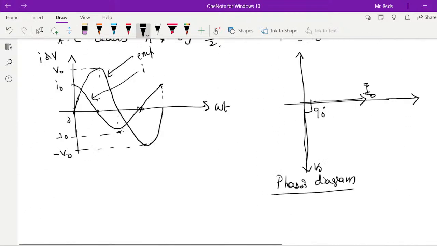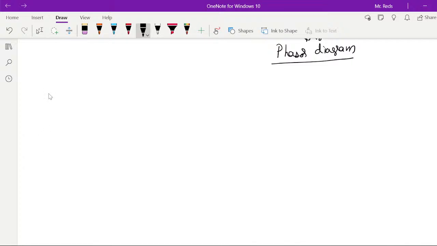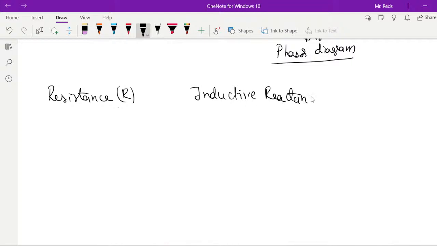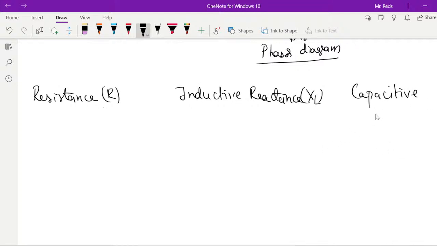Now let us bring these terms here. Resistance, inductive reactance XL and capacitive reactance XC.